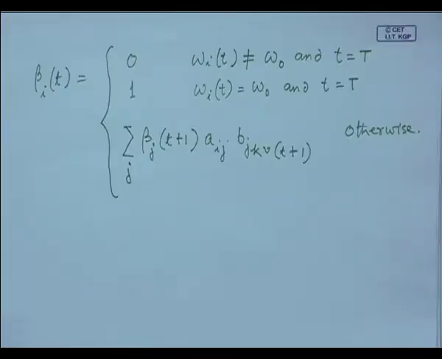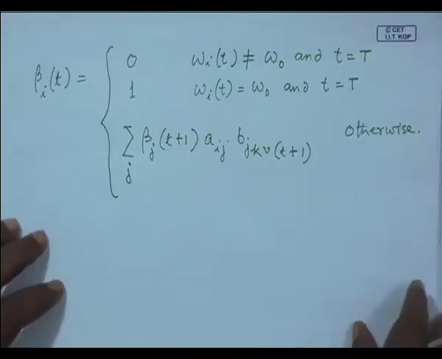That means, what is the probability that it will be in state omega i and will generate the remainder of the visible symbols starting from t plus 1 to capital T. So, these remaining symbols of our visible sequence V t will be generated by this machine, and under that situation what is the probability that the machine will be in state omega i. So, that is what is given by beta i t.